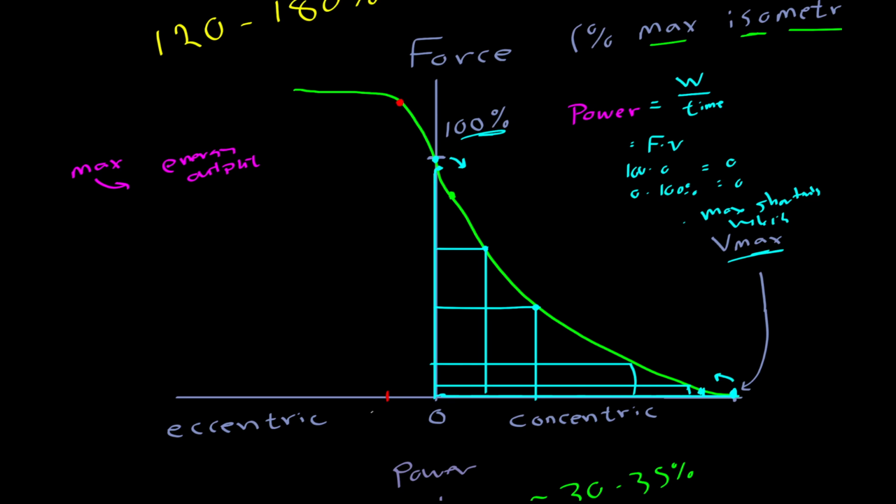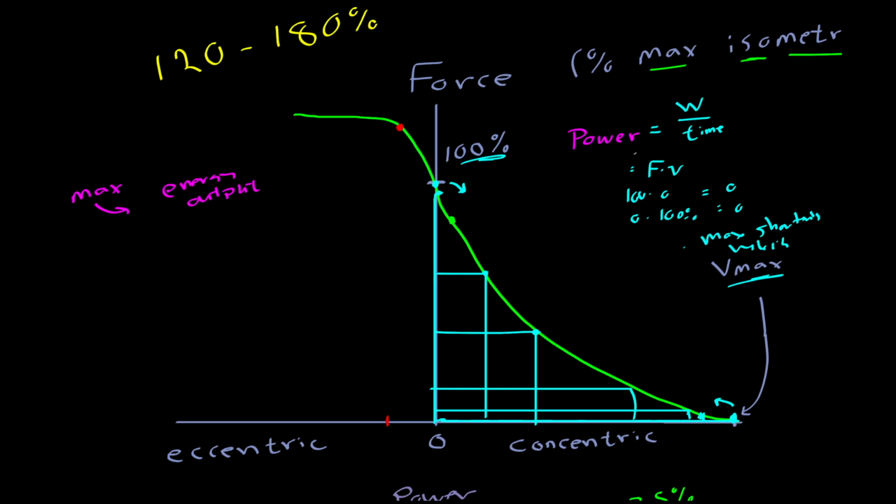Because your velocity is going to be negative here, less than 0, when we do this force multiplied by velocity, you're going to get a negative number. And if positive amounts of power have the interpretation of being energy output, then negative power means you are absorbing energy.